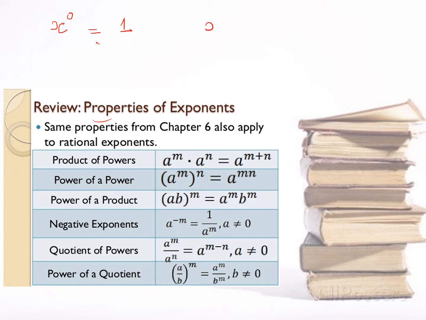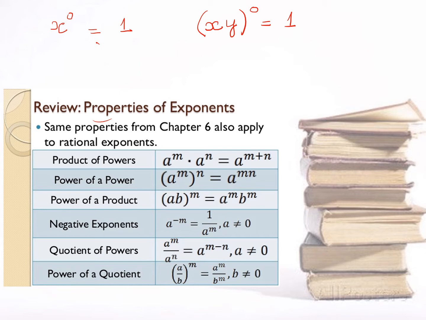So let's suppose you have x and y and the whole power is 0. No need to solve anything, just if you see the power 0, the answer is 1. So this is the first property: any base having the power 0, the answer is 1.